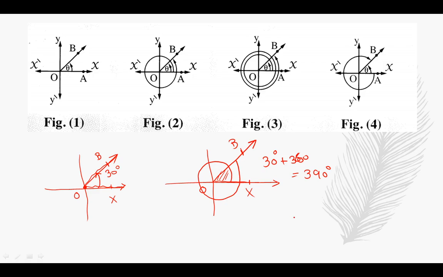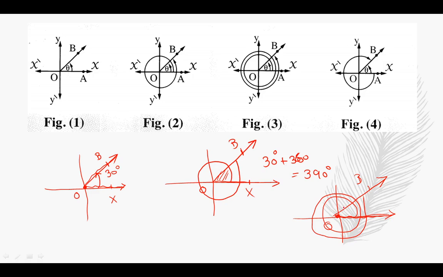Another example. Here this is the origin point, the vertex O, and the initial side is OX. Here the angle will start from the initial side and make one turn, which equals 360, and another turn, which equals 360, and go back to the same terminal side, which is OB.